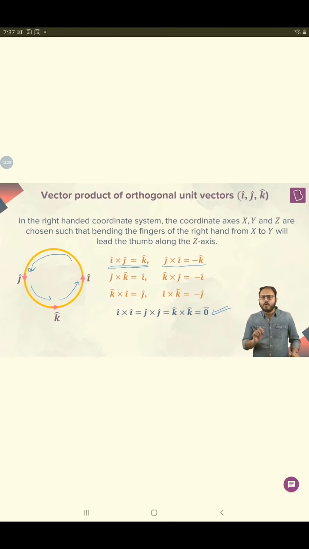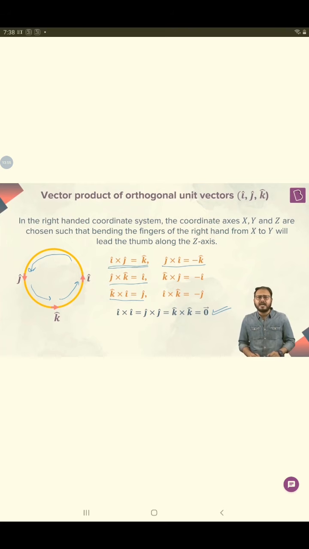If I do my cross product in cyclic order, I get the third one. i cross j is k. Is i, j, k a cycle? Yes, sir. j cross k is i. Is that a cycle? Yes, sir. k cross i is j. Am I still in cyclic order? Yes, sir. And what happens if I reverse the cyclic order? Well, duh. If you reverse, you get a minus sign. That's the logic and explanation of cross product of orthogonal vectors.